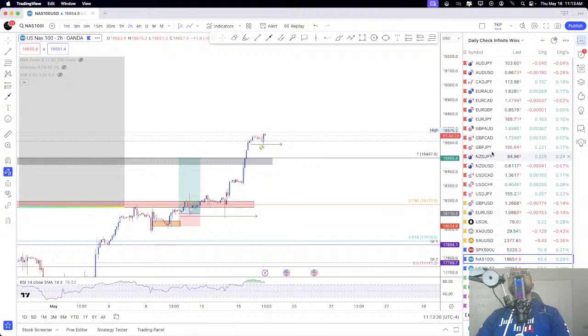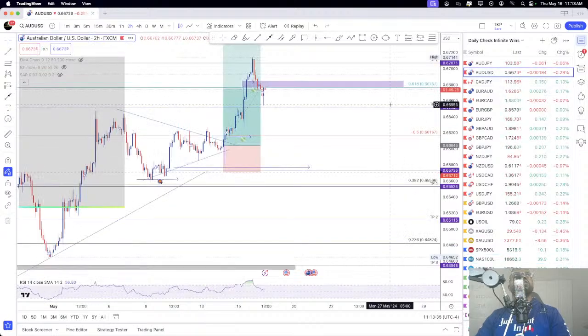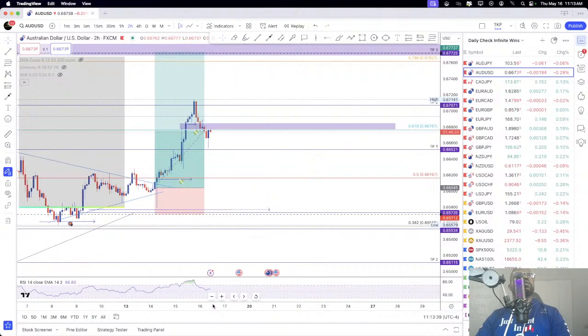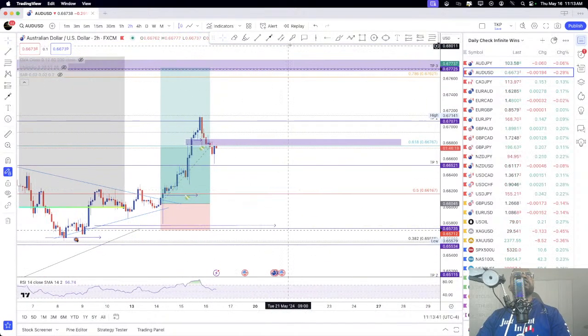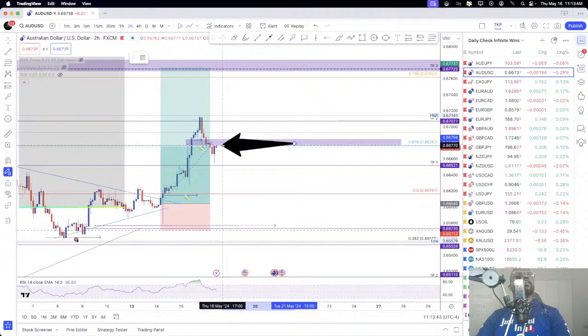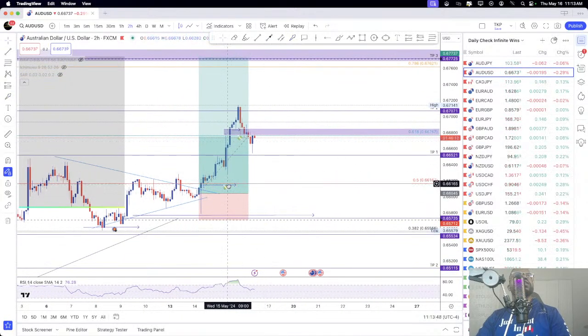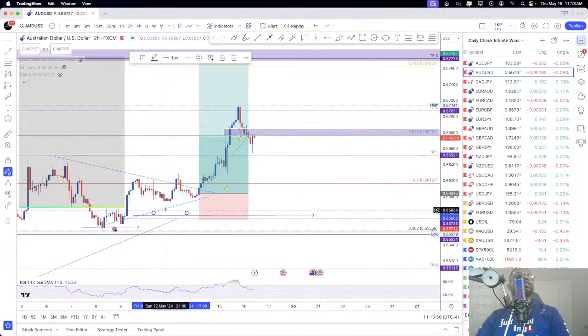Let's see. We also took an AUD USD buy. We hit TP1 and TP2. Right now with price pulling back, hitting the 618 like this, if it fell, we could see a lower low on AUD USD.